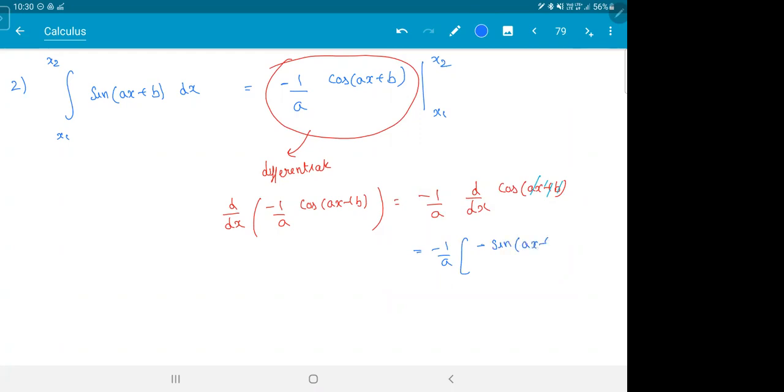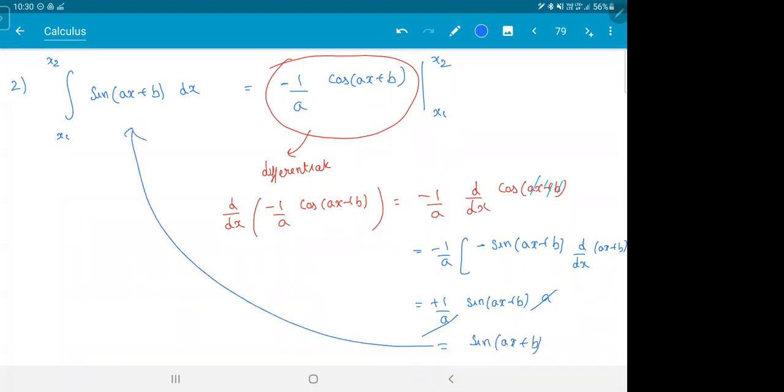Then differentiate whatever is inside. Minus minus becomes plus. You get sine ax plus b into a cancels off. Did you see what you got? You got this back again.